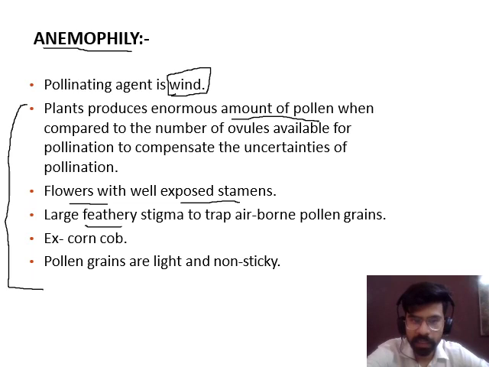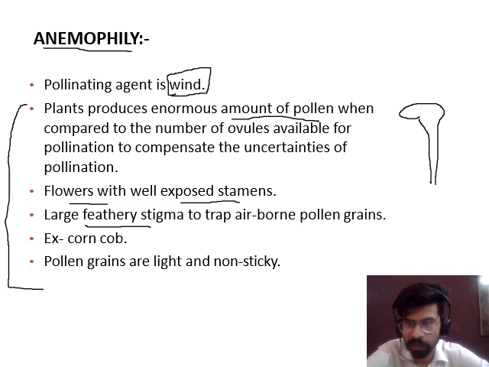Next, the stigma should be large in size. The stigma is the landing platform. If the area of the landing platform is large, the chances of pollen grain landing on it will be more. If the stigma is small in area, the chances of landing of pollen grain will be less.